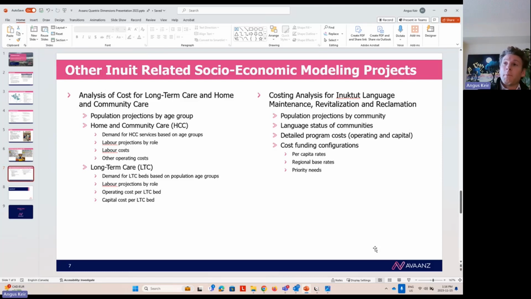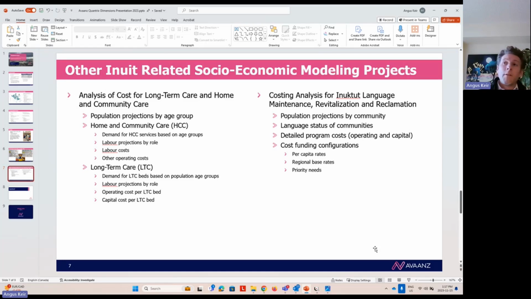So we collected the population data, again, for each of the 4 regions, for all the communities in the 4 regions. And then we looked at the age groups of the population within each of these communities. From there, we had to determine, based on these age groups, what percentage of people within these age groups require long-term care and home and community care.